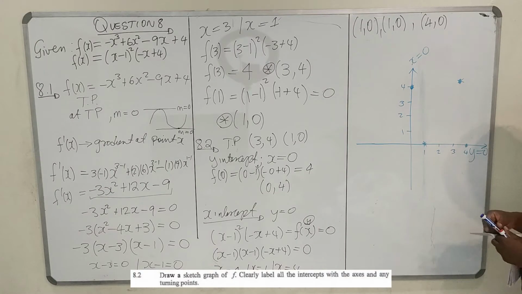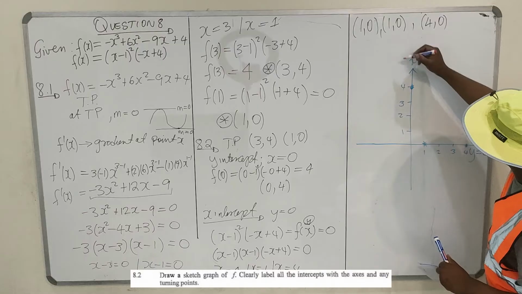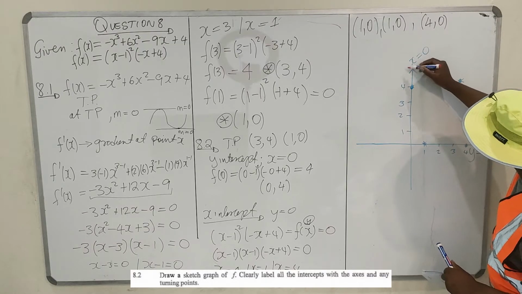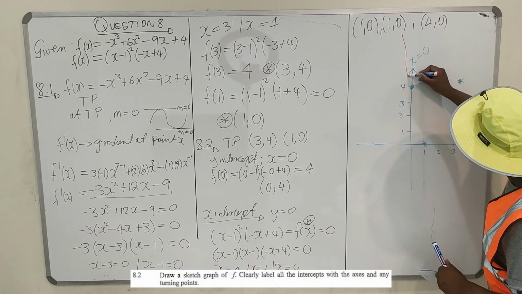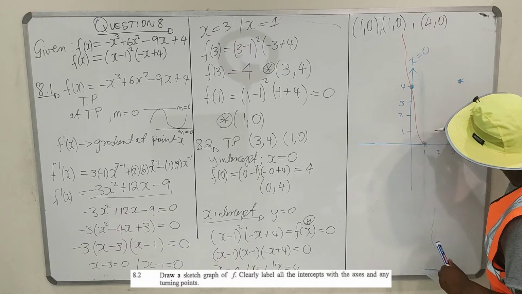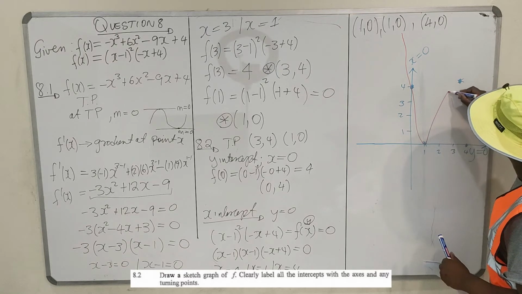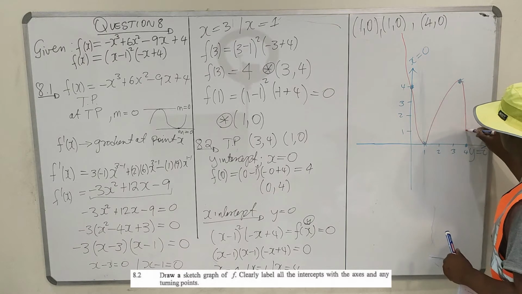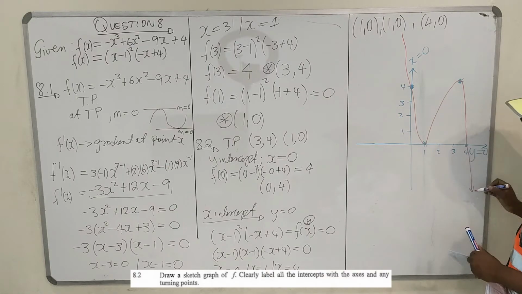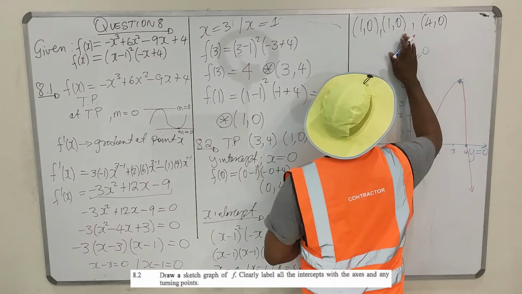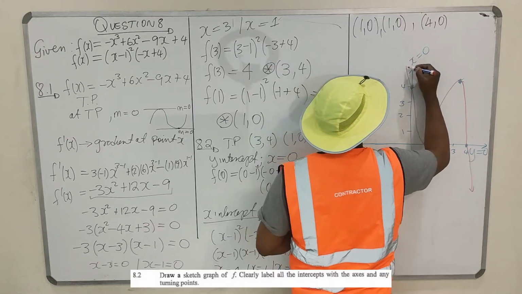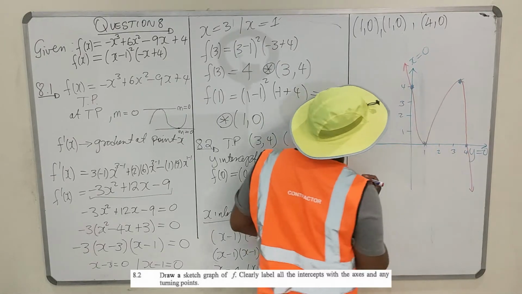So if you plot our function f, it looks something like this. Not very nice looking, but you get the point.